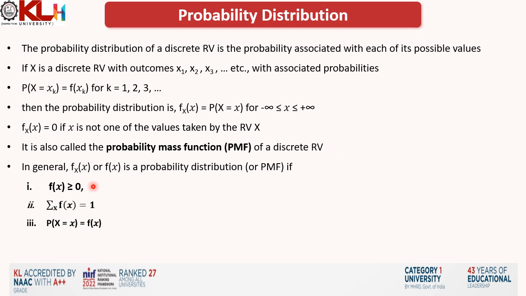The first condition is that the probability, of course, has to be greater than or equal to 0. And the sum of all the PMFs for a given random variable has to be 1. And the PMF should be equal to the probability that the random variable capital X takes a value x. This is straight from the definition of PMF.